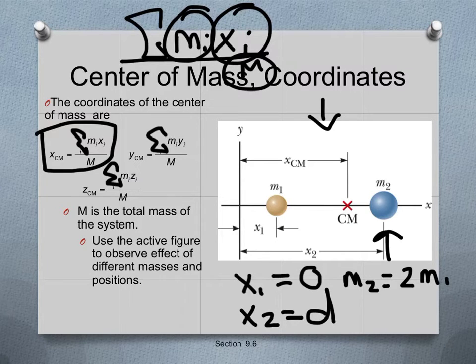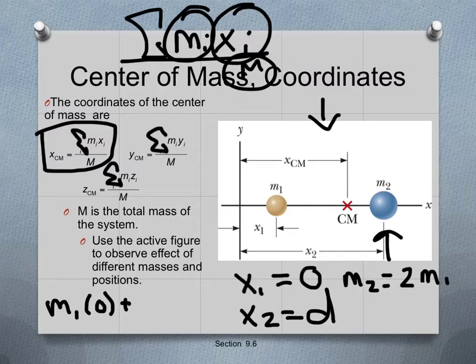I know then that I have mass 1 times the position that mass 1 is at, which would be just 0. I'm going to add that because it's the sum of the masses times their positions.